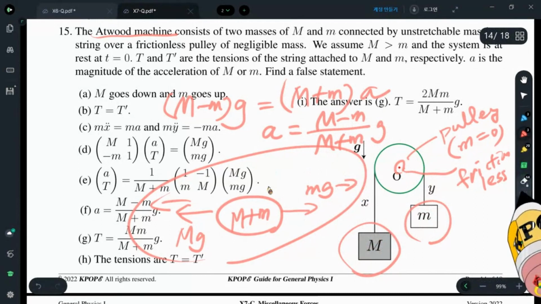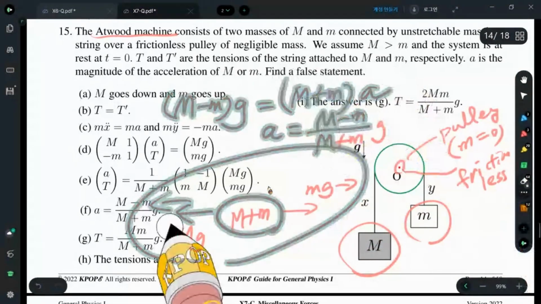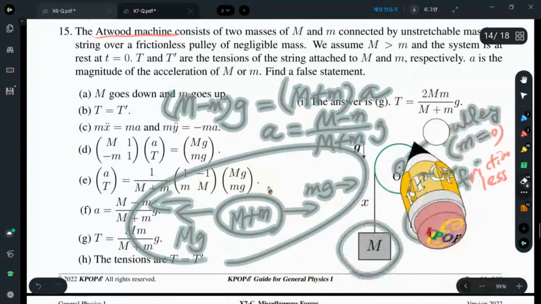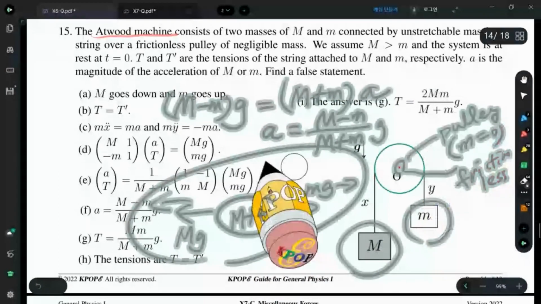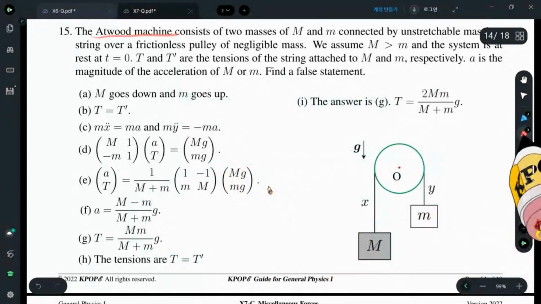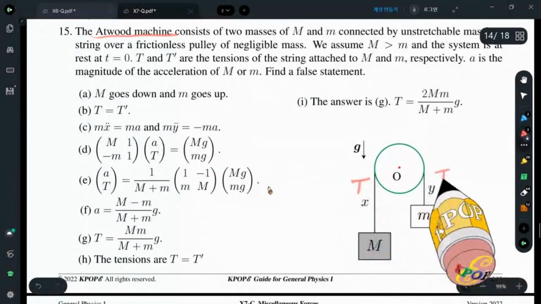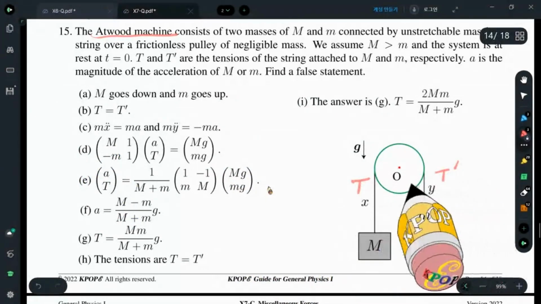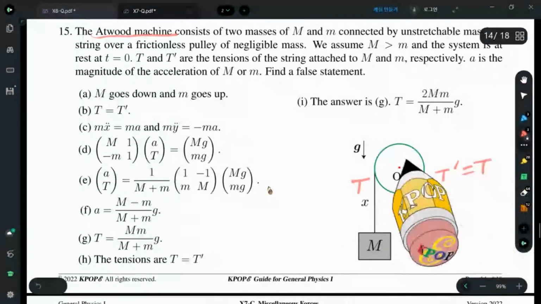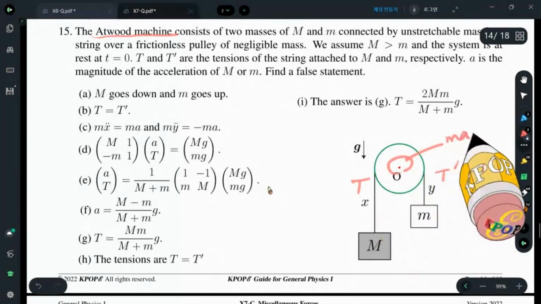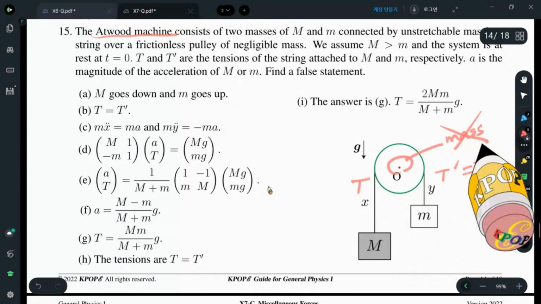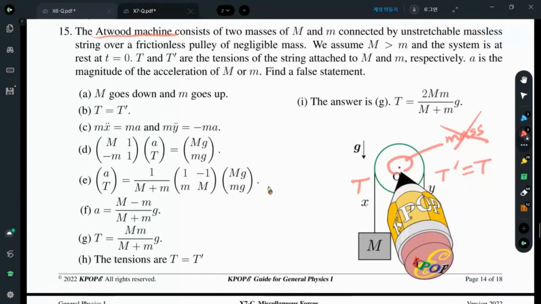But let us solve this problem by making use of a systematic way of linear equations. First, we have T and T prime, and T prime is the same as T as far as the mass of the pulley is negligible.